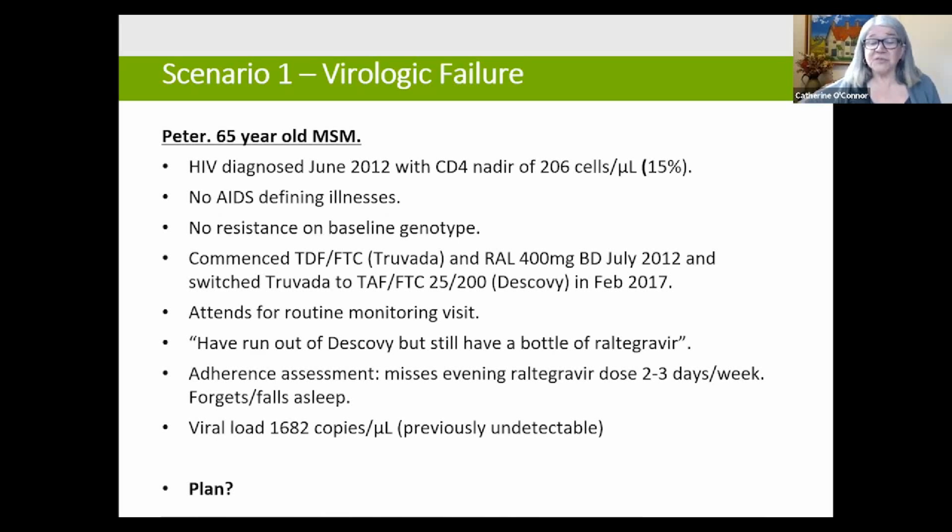This is because sometimes he forgets, sometimes he falls asleep before he takes it. And when you do his viral load, it's 1,682 copies per microliter, whereas previously it had been undetectable. So we need to develop a plan. What's your plan?